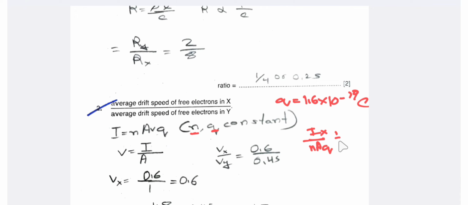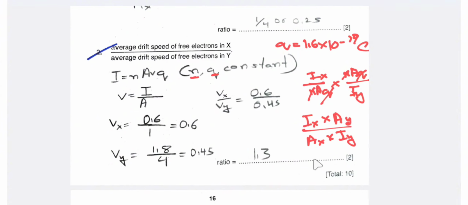Since it is divided, we just reverse up and down, so nAyq by Iy. Q is the same, number density is the same. So the overall equation becomes current at X into cross-sectional area at Y by cross-sectional area at X into current at Y.